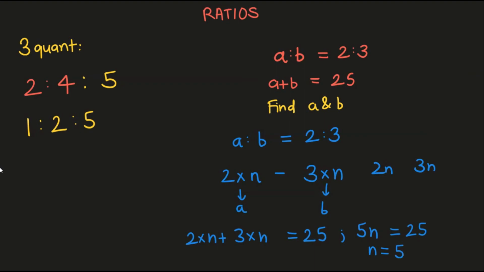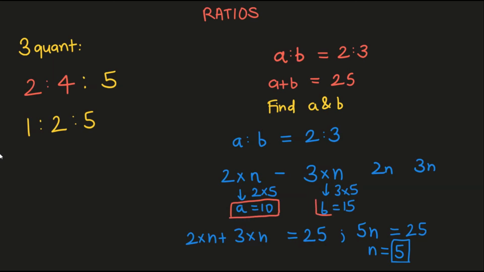That something is equal to 5. So we found n. Now let's see what A and B are. As we know, 2 into n is equal to A, so 2 into 5 is equal to A, so A is equal to 10. Now 3 into n is equal to B, so 3 into 5 is equal to B, and so B is 15. So now we have got A and B as 10 and 15 respectively.